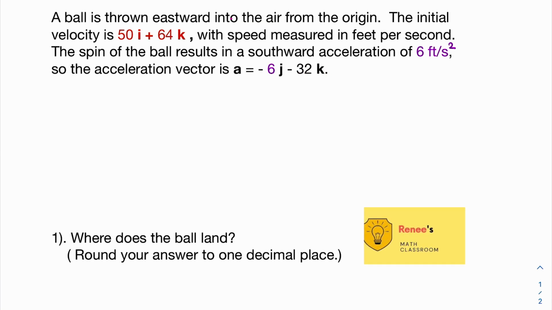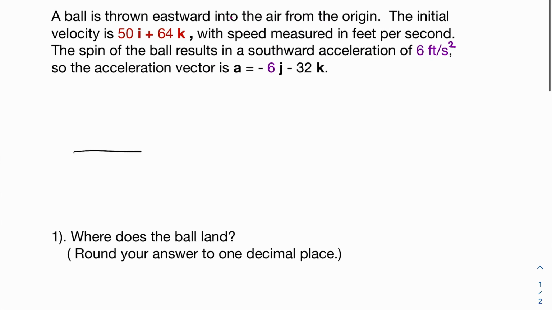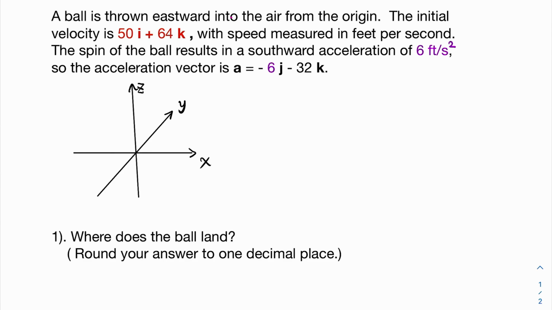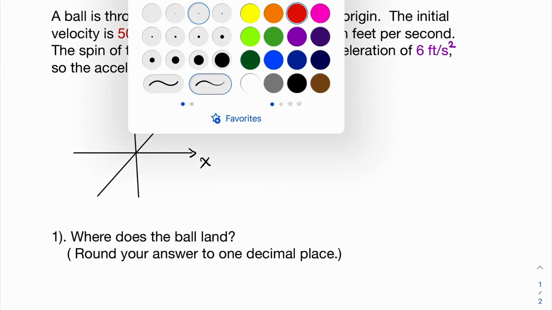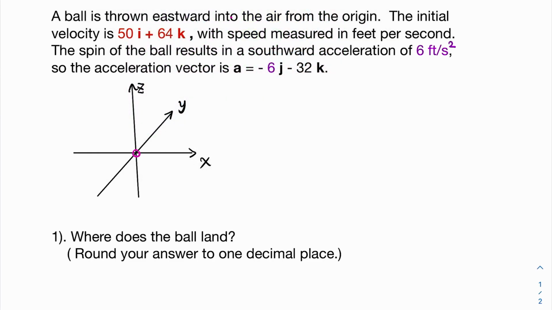So to understand this problem, let's draw some diagrams. We have the x-axis, y-axis, and the z-axis. The ball is thrown eastward into the air from the origin, so the ball is right at the origin.